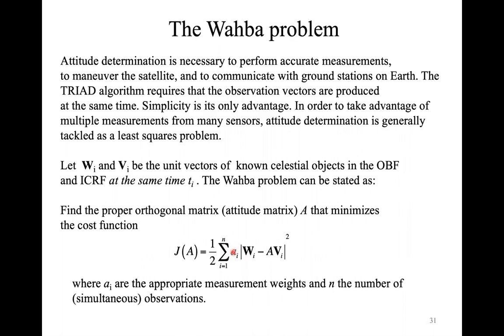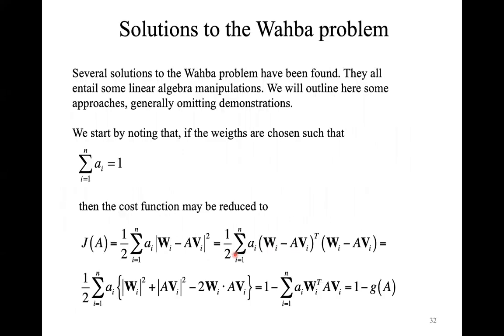So for example, A1 will be larger than A2, A3, and the others. This weighting of the observations is fundamental because it enables the different weighting of the different measurements.